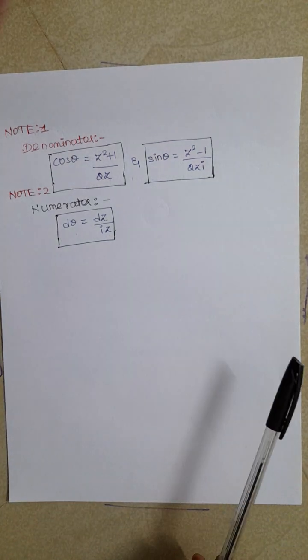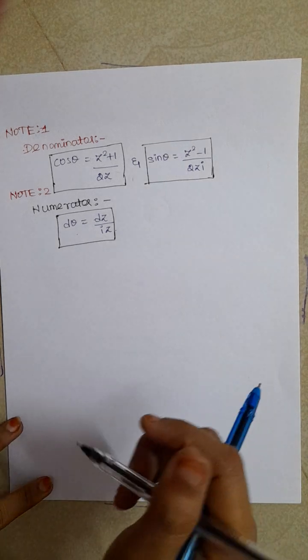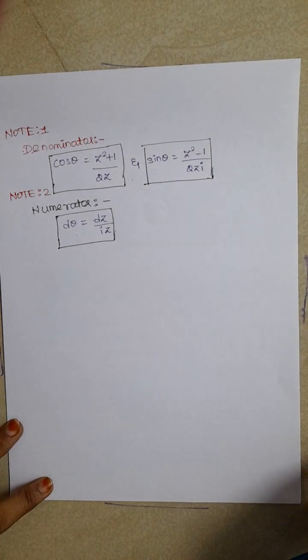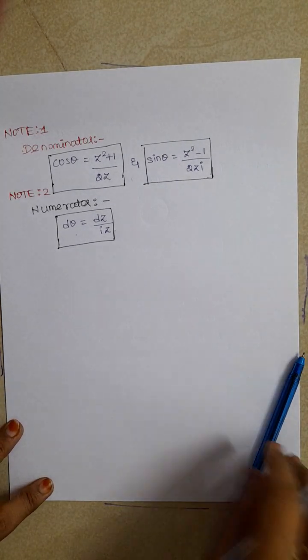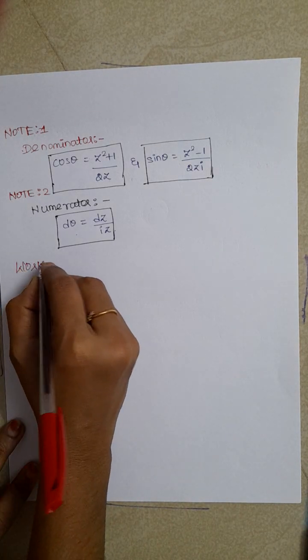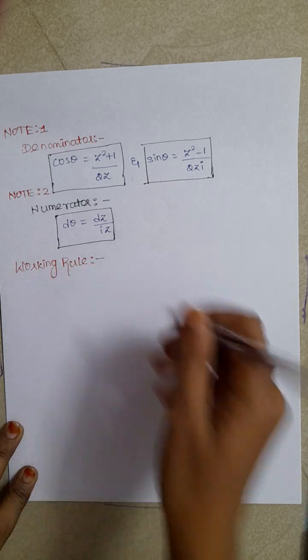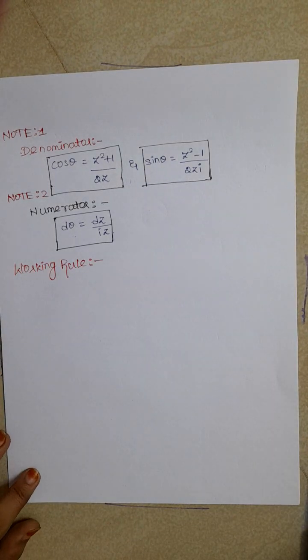Okay. So let's see the working rule, how to solve the contour integration problem. By using the working rule, we can easily solve this problem. Working rule. Step number 1.